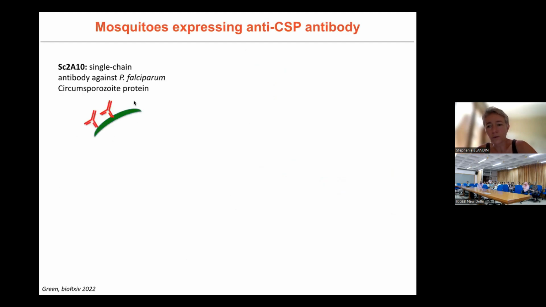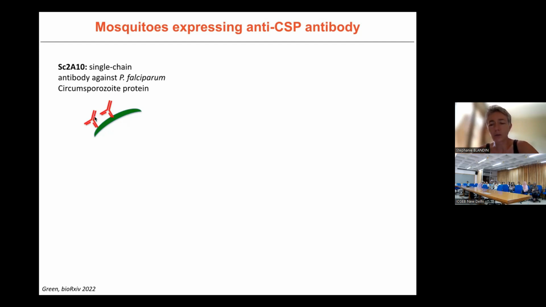We've been interested in an antibody. Mosquitoes do not produce antibodies to defend themselves against pathogens, but there is a mouse monoclonal antibody that is known to bind the CSP, the circumsporozoite protein, which is expressed at the surface of the sporozoite in very large quantities.